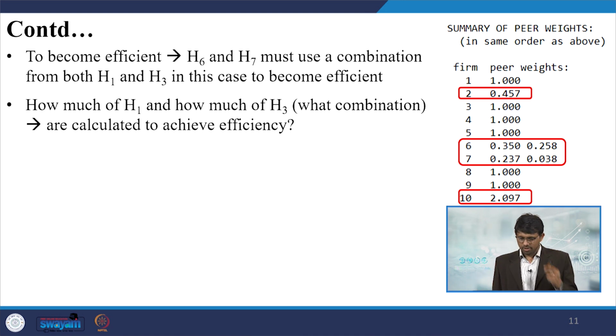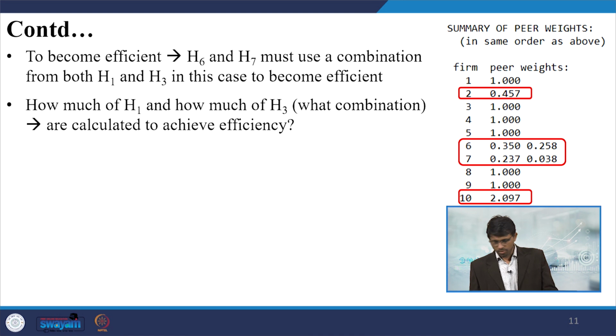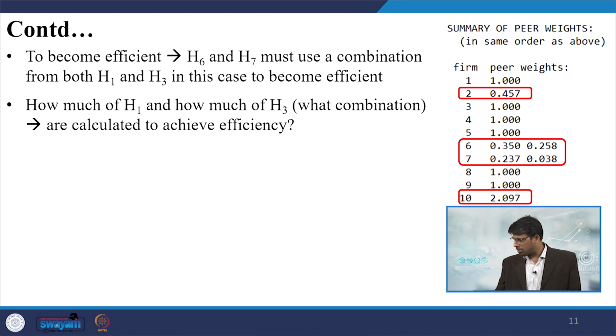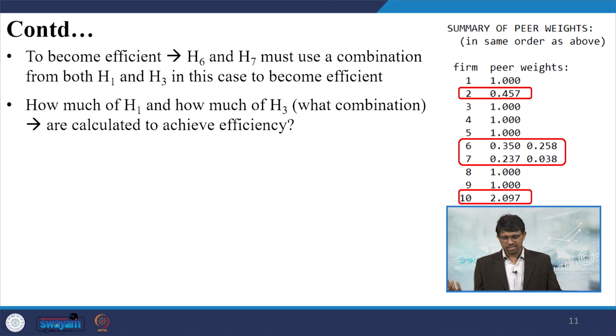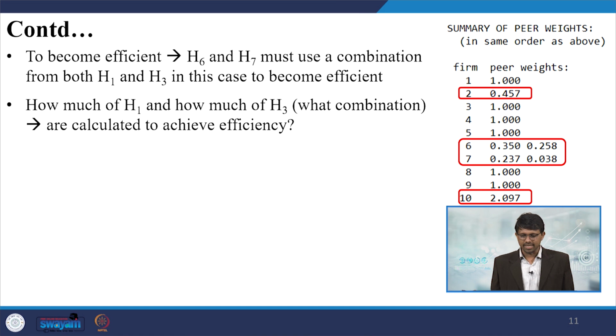Okay. So, because we have already seen that 6 and 7 are having the peers H3 and H1. Okay. Hence, they are taking a combination of these weights for H6 and H7. Okay. H6 and H7 take a combination of H1 and H3.